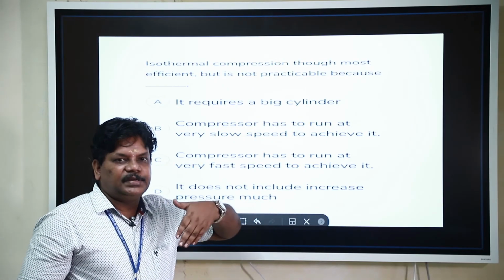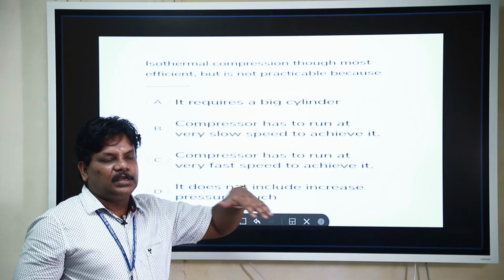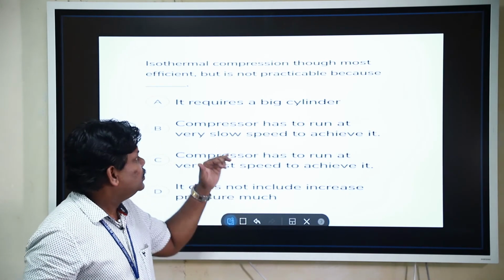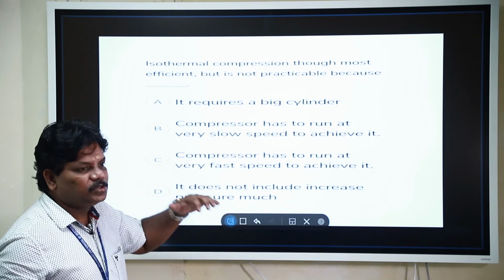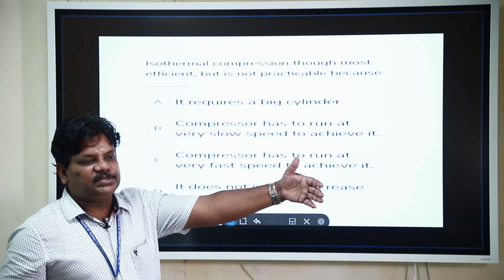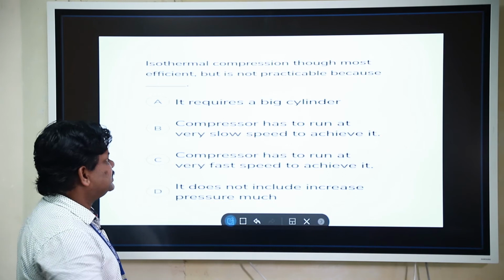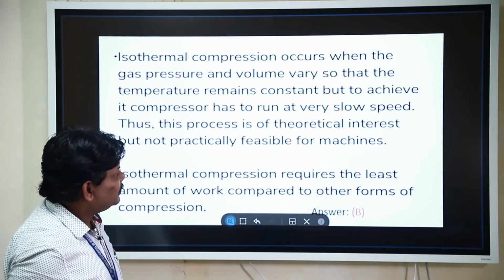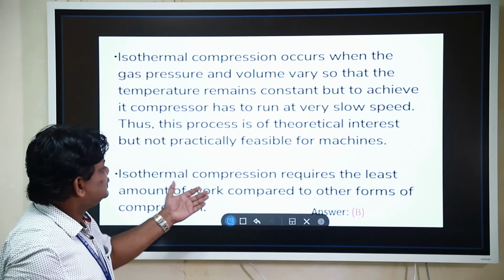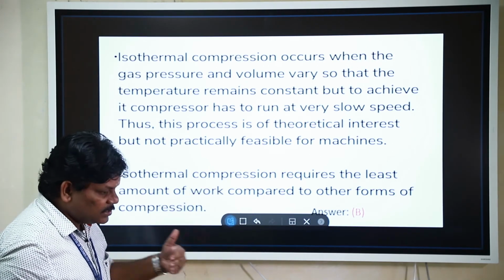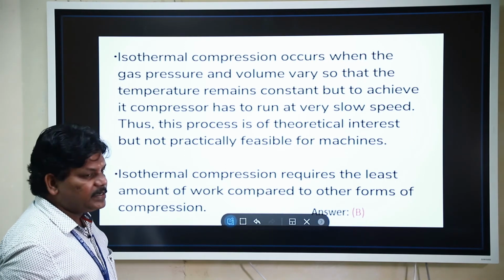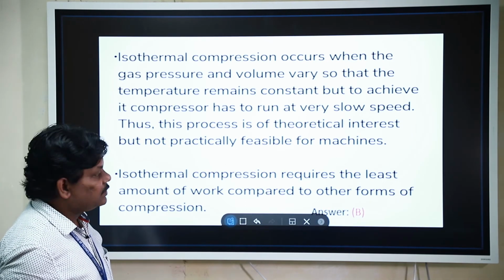Since it is an isothermal process, you have to maintain the temperature constant, so you have to run the compressor at slow speed to achieve T equal to constant. So the answer is B, because we have to go for slow travel of the piston, so that the temperature is constant.